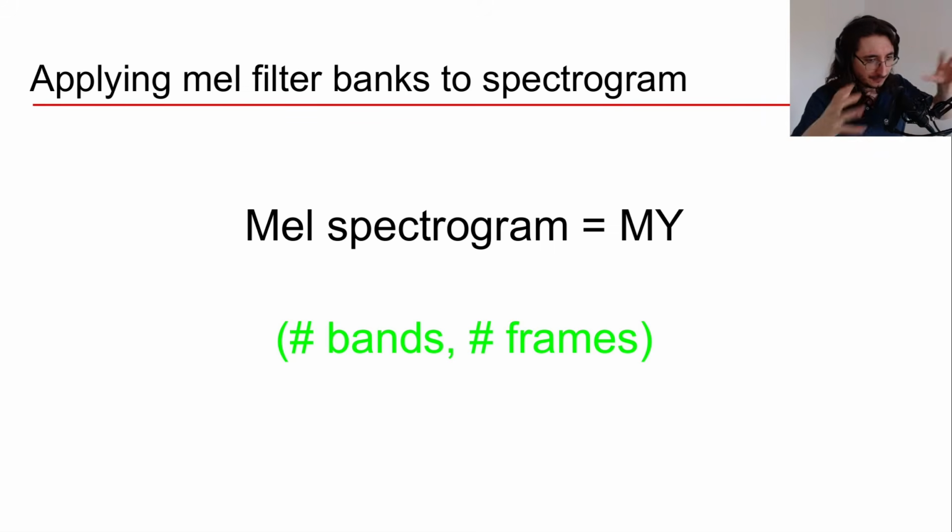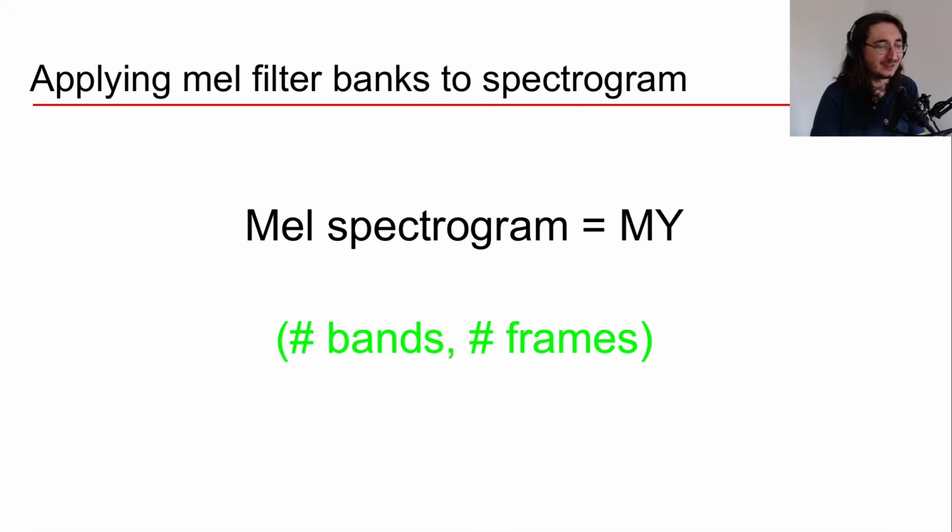In other words, applying Mel Filter Banks to a spectrogram enabled us to convert the frequencies from hertz to Mel bands. And that's the whole point of a Mel spectrogram.